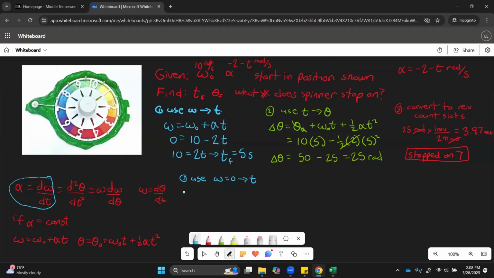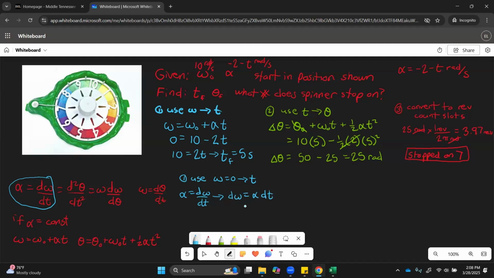So here we'll say alpha equals d omega dt. We separate and get that d omega equals alpha dt.